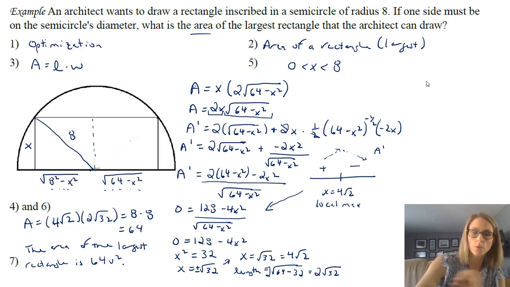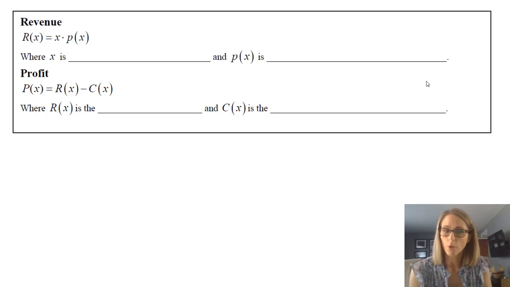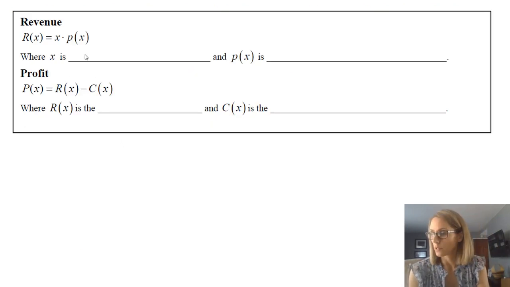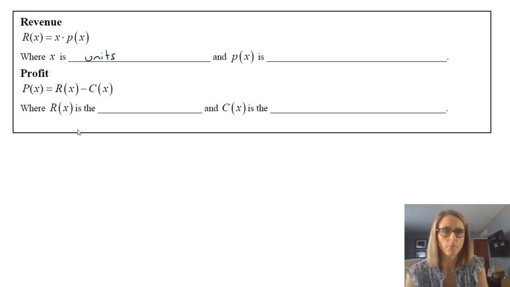Okay, so those are all kind of like 4 different examples of optimization problems. Notice each one's a little bit different, but they follow the same kind of rules. The only other place you might see these would be more if you were to take business calculus, so we don't see this quite as much, but whenever you see R(x), P(x), C(x), those things are profit, cost, revenue, and it's not uncommon to maximize or minimize them, which is why we talk about it here real quick.